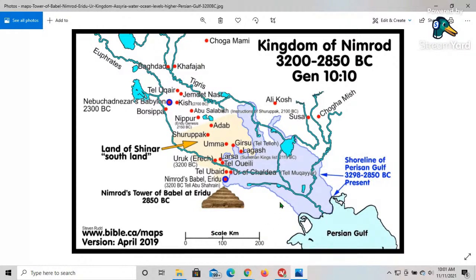Because Abraham's father was Nimrod's right-hand man. And when Abraham smashed the statues, then he got in trouble with Nimrod, and Nimrod tried to kill him. Because this is the ancient coastline of the Persian Gulf all the way up to Ur. Ur of the Chaldees was on the coast at the time.